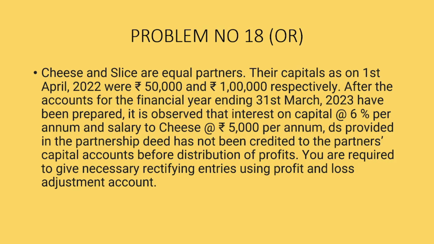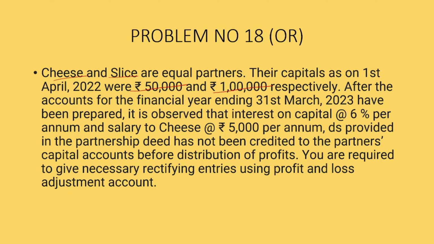Now next we move on to problem number 18. The question says that Cheese and Slice are equal partners. Their capital as on 1st of April 2022 was 50,000 and 1 lakh respectively.